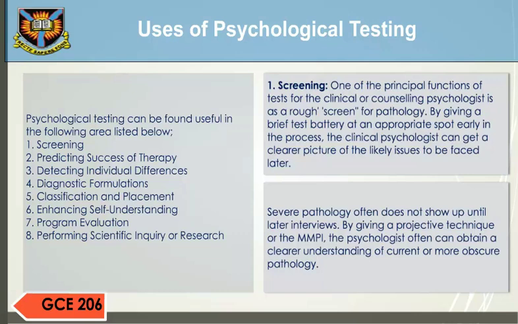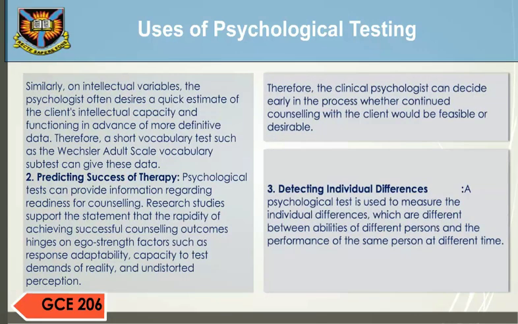Severe pathology often does not show up until later interviews. By giving a projective technique or the MMPI, the psychologist often can obtain a clearer understanding of current or more obscure pathology. Similarly, on intellectual variables, the psychologist often desires a quick estimate of the client's intellectual capacity and functioning in advance of more definitive data.